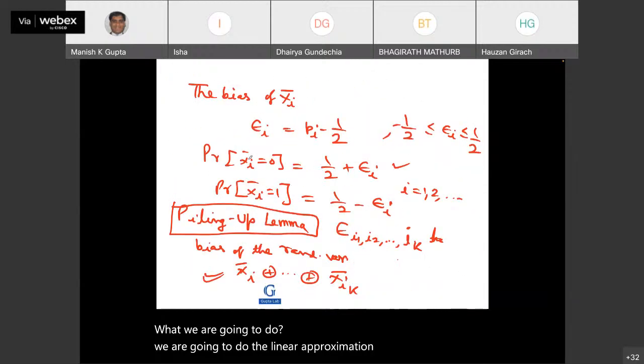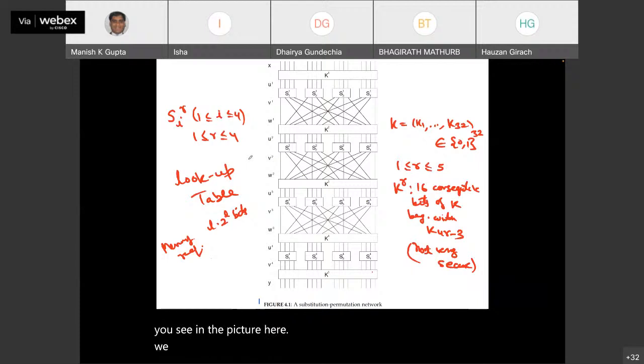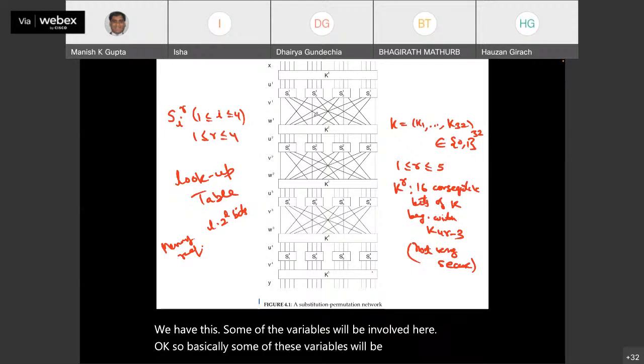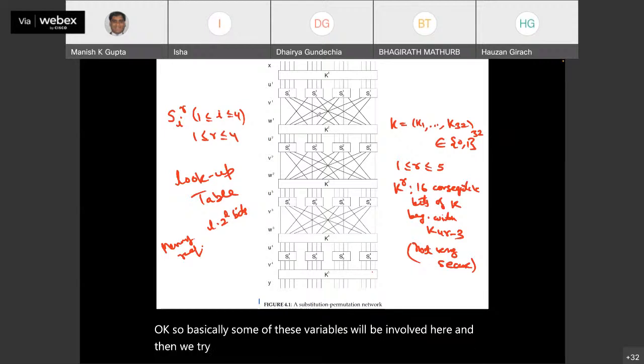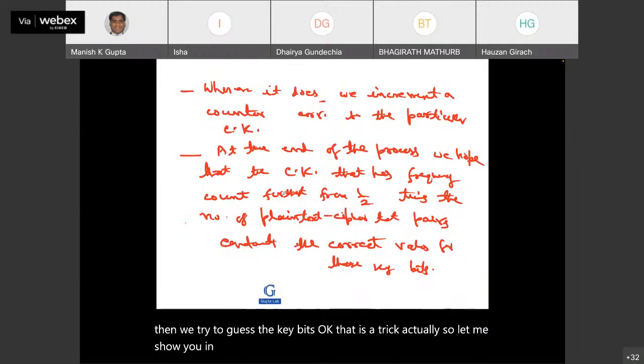You see in the picture here that some of these variables will be involved, and then we try to guess the key bits. That is the trick. Let me show you in detail how this works.